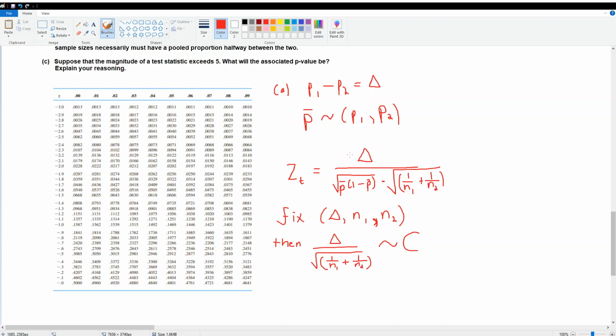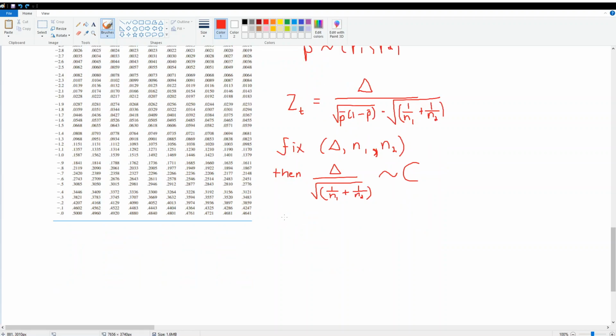We can pull out this, because you can say this is 1 times that, so we just split up the fractions. So our z-score is equal to 1 over the square root of p bar times 1 minus p bar, times some constant. It does not matter what this constant is. All that matters is that this is a constant.